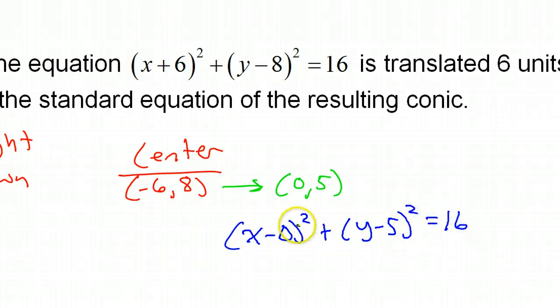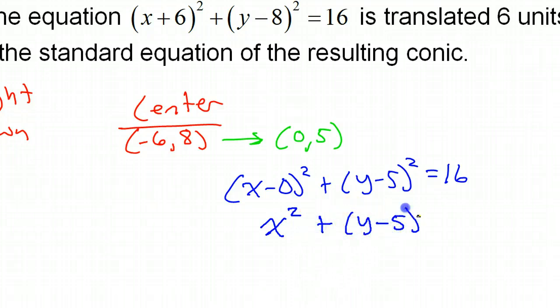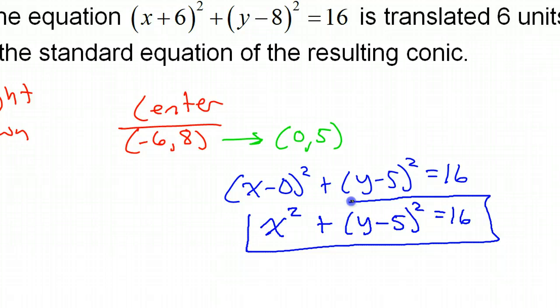Still going to equal 16 like before. A mathematician wouldn't put minus 0 here, so you could put x squared plus y minus 5 squared equals 16. If you left the 0 in, I'm not going to take off any points though.